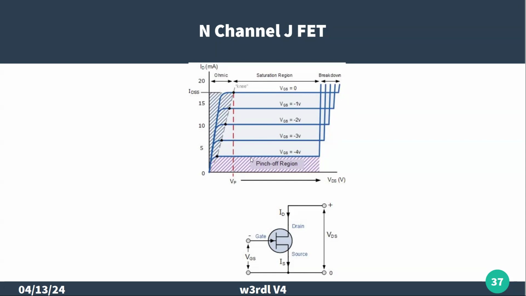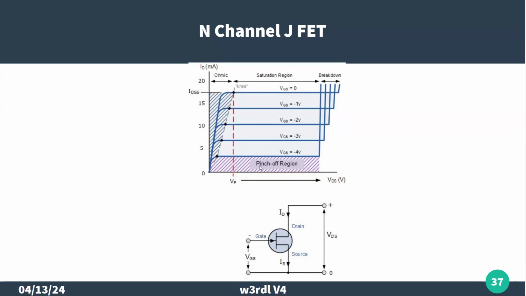And we get all the way down to, in this case, around -4 volts. We get to what we call pinch off, where basically there's no current allowed to flow. Whereas if there's no voltage on the gate, in this case, the maximum amount of current, or the saturation region. And that's how we also use it as a switch, by applying either 0 volts, or in this case, -4 volts or greater.